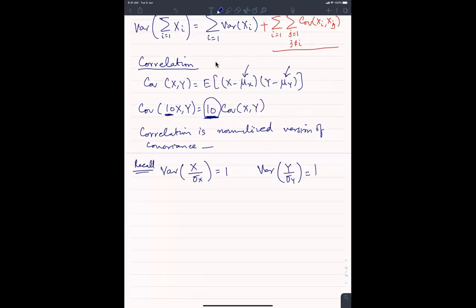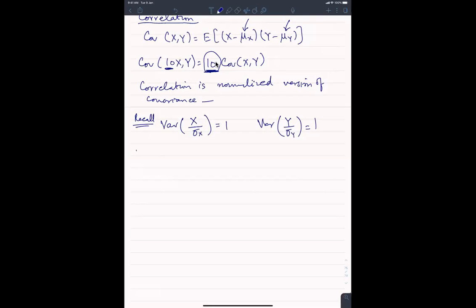Now we define correlation between x and y. The symbol rho is used for this. This symbol rho between x and y defines the correlation between x and y.